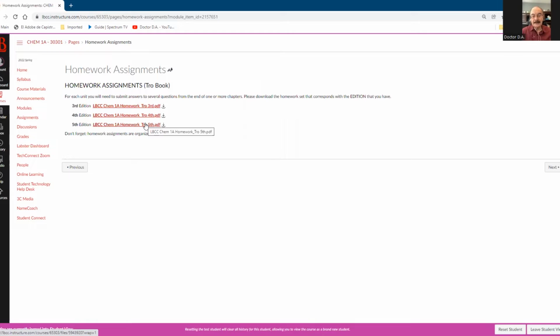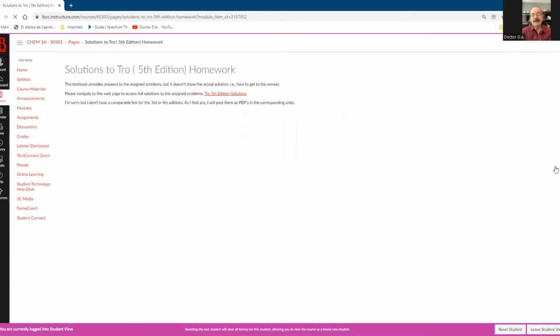And like it says, it lists there for each unit the chapter and the problem number. Don't forget, the chapters in the book do not necessarily match the units of content in the course.